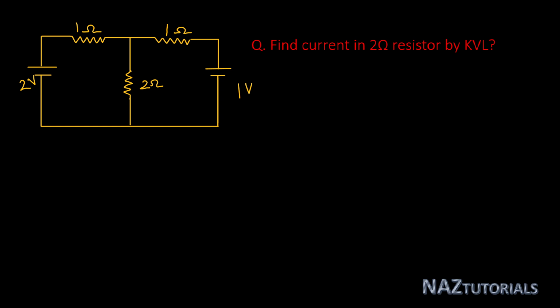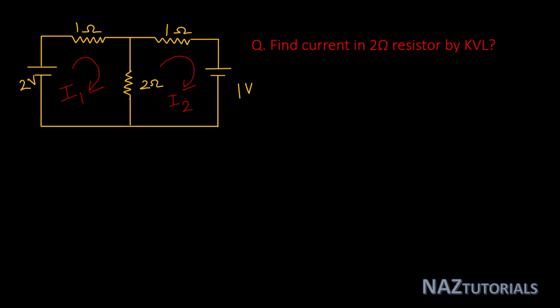For Kirchhoff's voltage law, first you have to follow some basic rules. We have to define a current in each loop. This is the first current loop, current is I1, and this is the second current loop, current is I2.